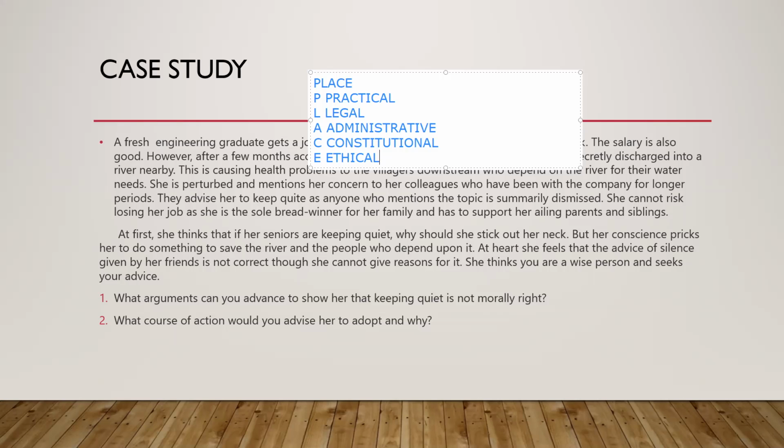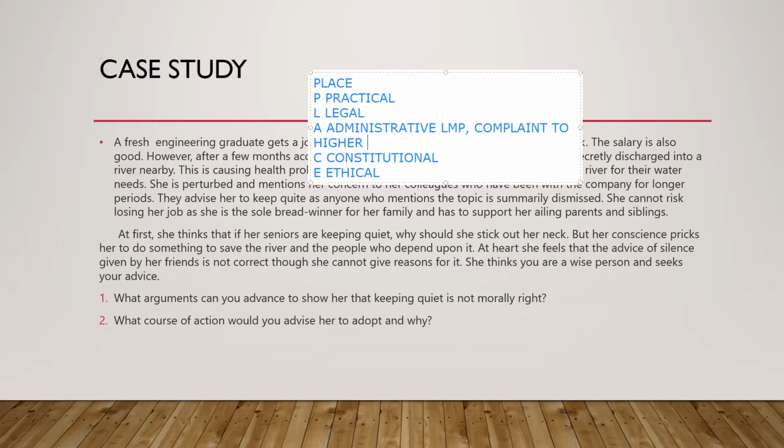Okay, so in this case, the first thing, like-minded people, is the administrative side of the solution. Another solution is a complaint to the higher authority.